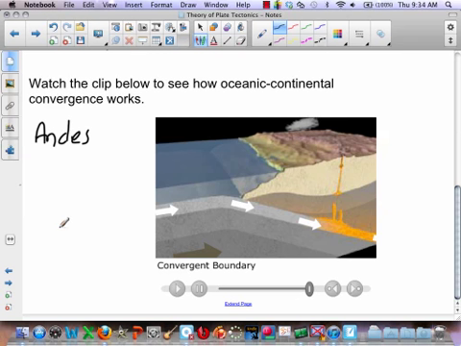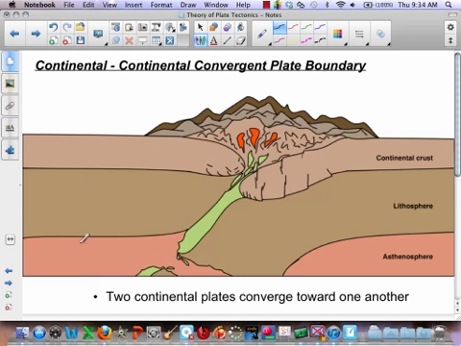In fact, those two, the Himalayas and the Alps, are formed when a continent collides with a continent. And basically what you have is in both cases, they are equal density, therefore neither one ducks underneath the other. And what you get is the squeezing of the ocean plate in between them.